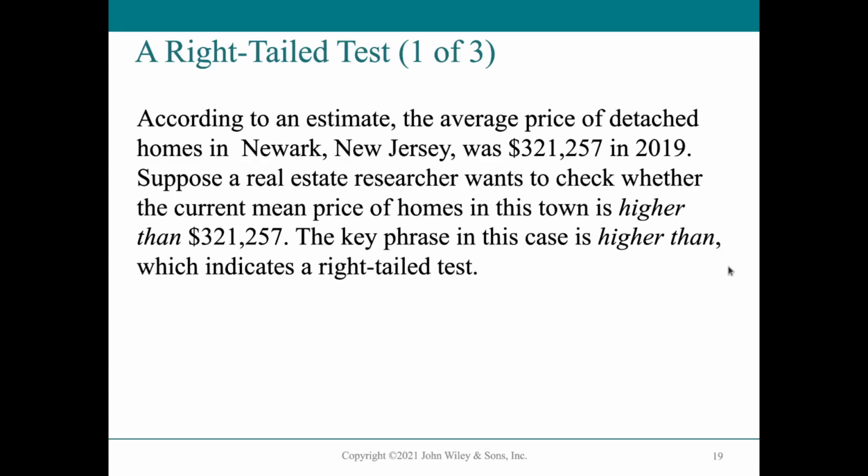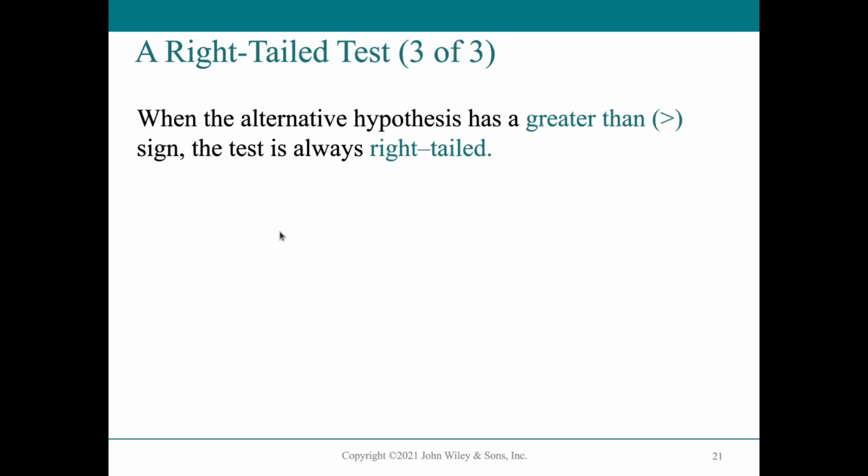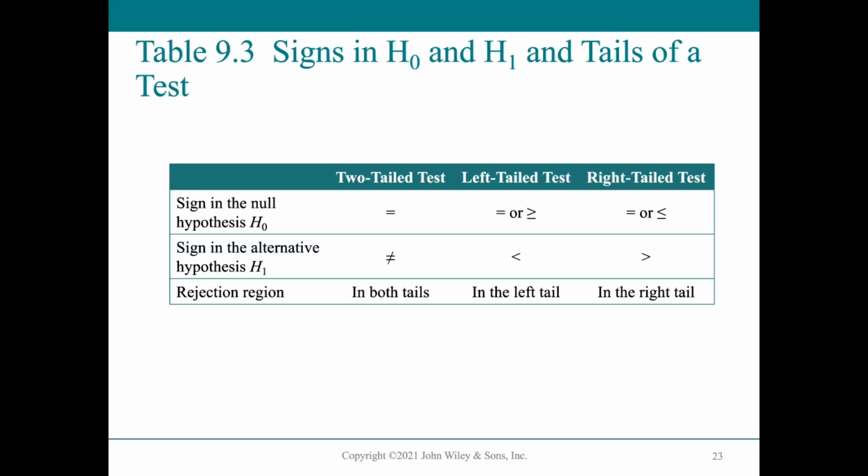If it's higher than, it becomes a right tail test. The alternative hypothesis has a greater than sign, so it's a right-tailed test. Same approach as the left-tailed, only on the opposite side. The rejection region is on the right side, and the critical value separates the rejection and the non-rejection region. Okay, and so far that's it for your testing.